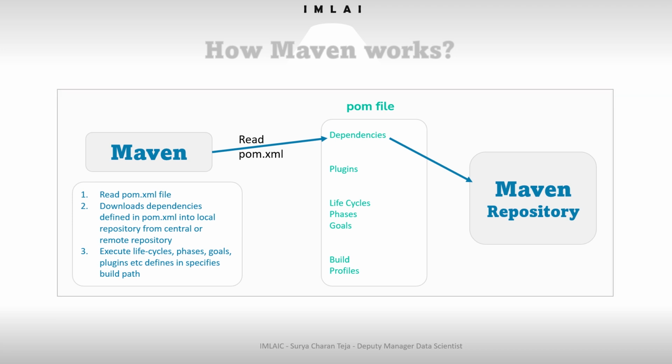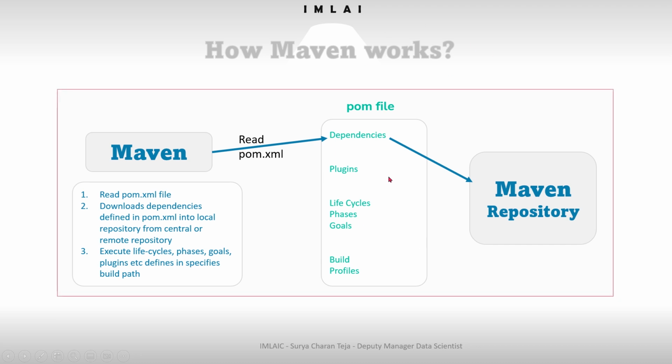So this is your POM file and the terminology built around it. We know what Maven is, and we also know what a Maven repository is. Now let's look into the whole ecosystem, how Maven works as a tool. First, as I have told you, you have to write your POM file.